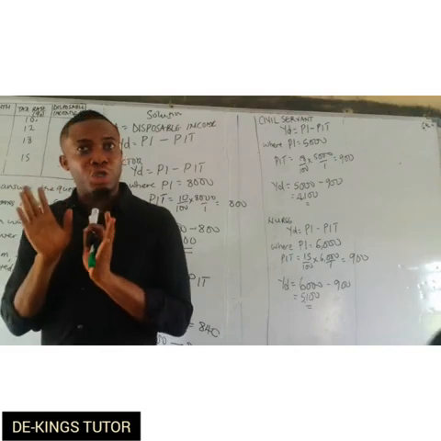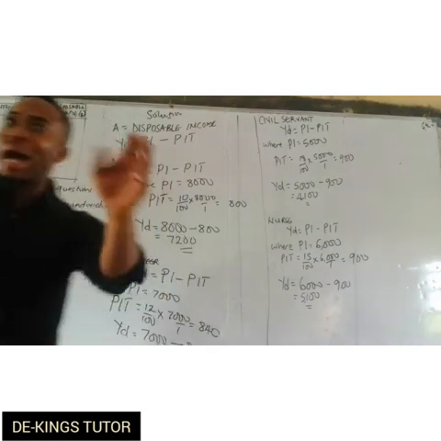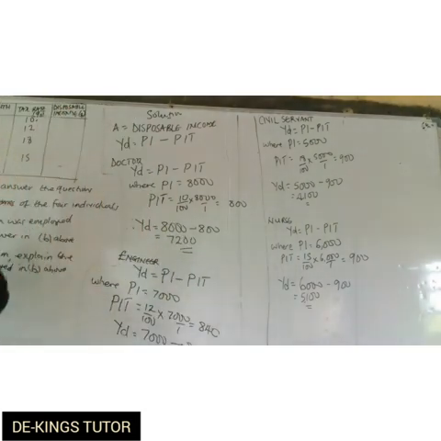We said for proportional, listen, for proportional tax system, it is when the tax base moves and the tax rate remains what? Constant. Irrespective of the level of what? The tax base.